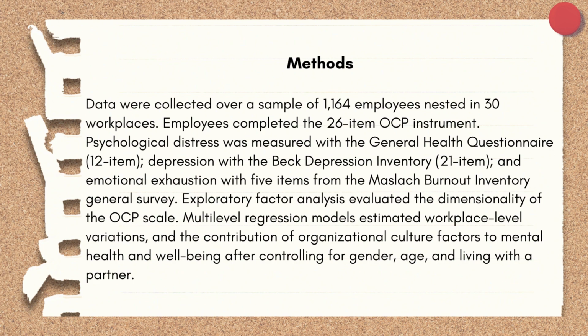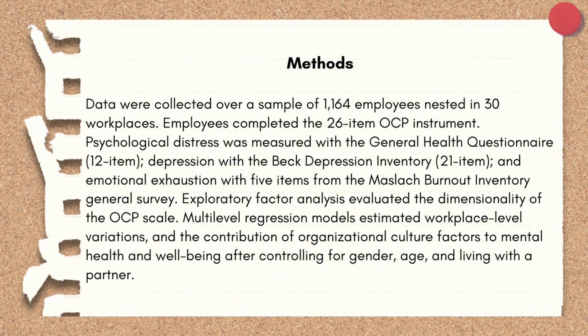The methods used: data were collected over a sample of 1,164 employees nested in 30 workplaces. Employees completed the 26-item OCP instrument. Psychological distress was measured with the General Health Questionnaire of 12 items, depression with the Beck Depression Inventory of 21 items, and emotional exhaustion with 5 items from the Maslach Burnout Inventory General Survey.